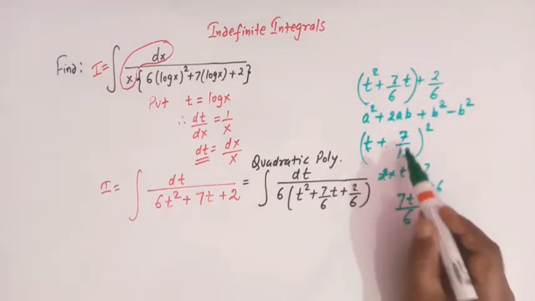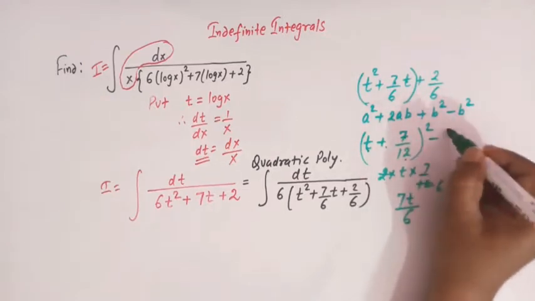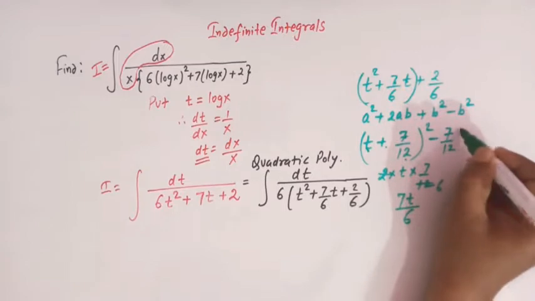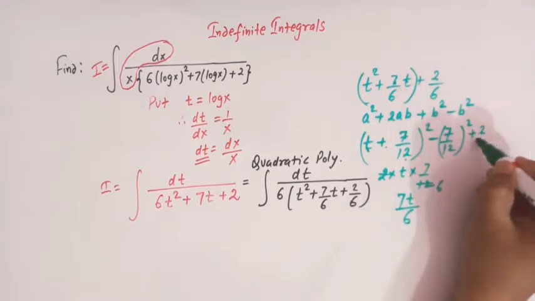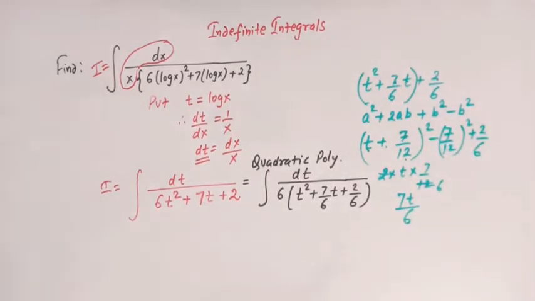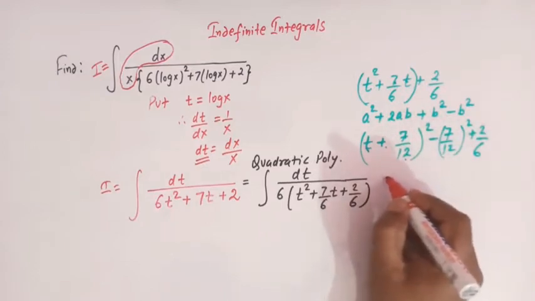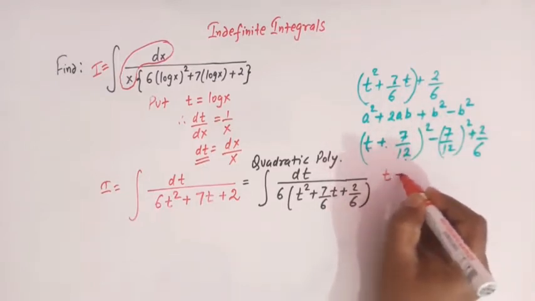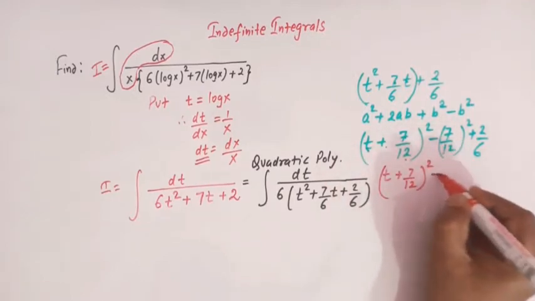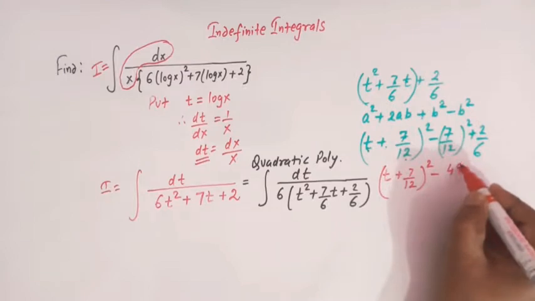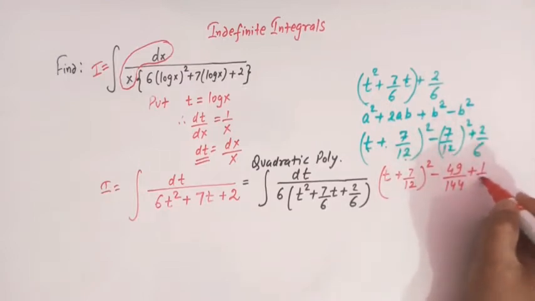So t plus 7 over 12 square, and then we subtract the square of 7 over 12. And here we have the term 2 over 6. Now we can simplify: t plus 7 over 12 square, minus 49 over 144, plus 1 over 3.